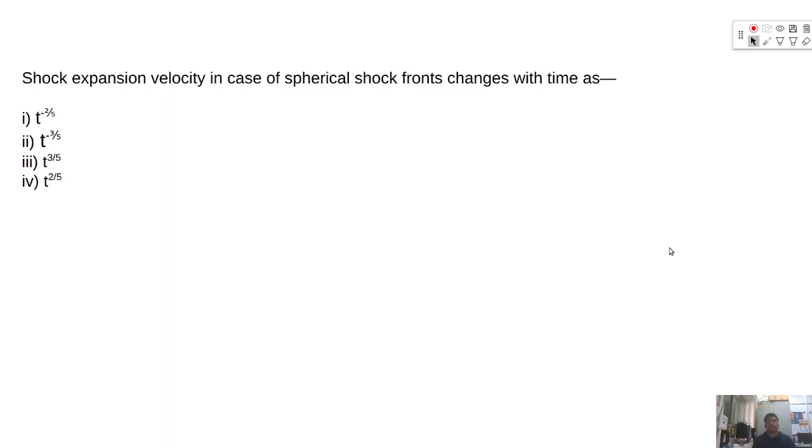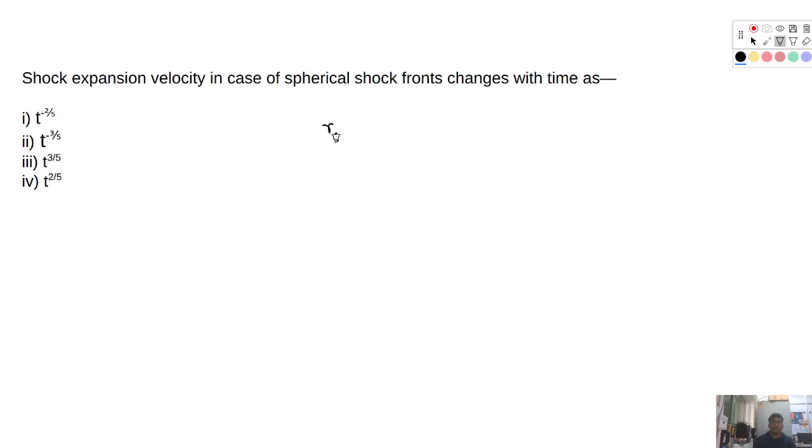so shock expansion velocity in case of spherical shock fronts changes with time as which one, right? So as you know that you have this shock, you know this relation, right?